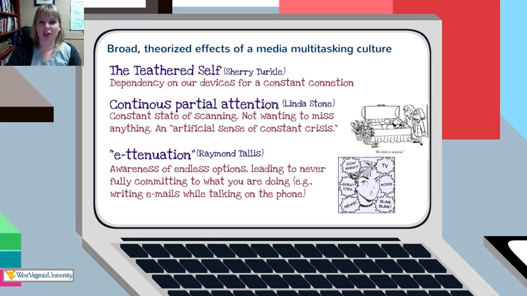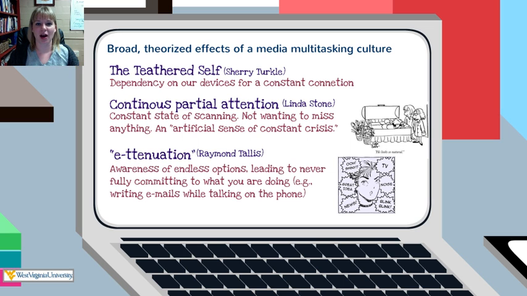There are good things, such as the constant connection, for instance, but then what does that do to our other connections? Another idea that comes out of this line of thought is that we've turned into a culture that has a continuous partial attention. Linda Stone coined this idea: we have a fully functional attention, it's just divided, right?